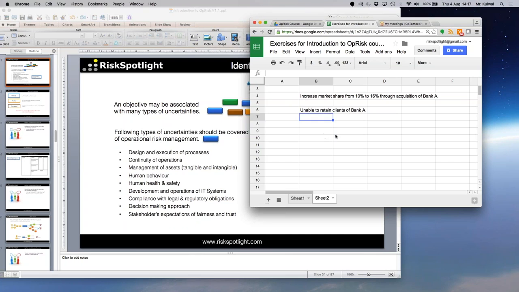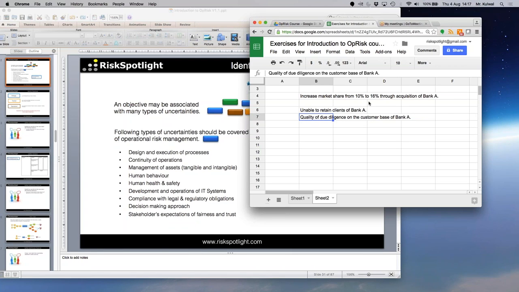Due diligence not completed correctly. Okay, yeah, so that could be because due diligence then is a process. So due diligence on the customer base of Bank A. We don't necessarily want to be negative, so we'll just say the quality of due diligence, because then it can be good, it could be bad, so it could be either way.